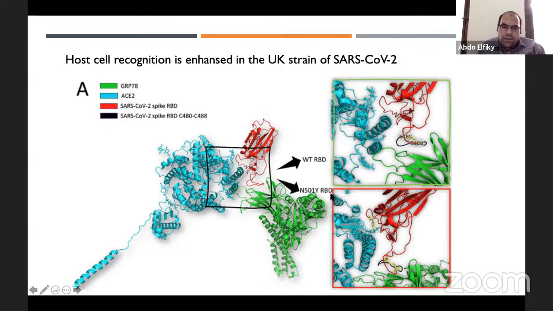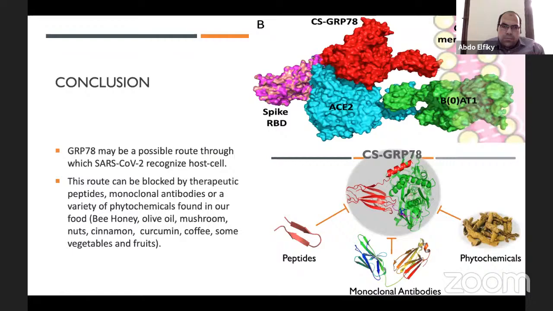We found that the recognition is enhanced in the new strains. Finally, we can conclude that we can target GRB78 to inhibit viral recognition of this protein and also to inhibit cancer progression. So it is two birds with one stone, if I can say that.